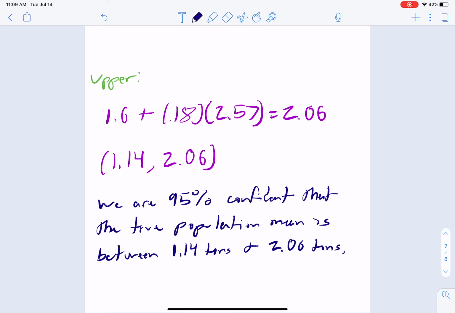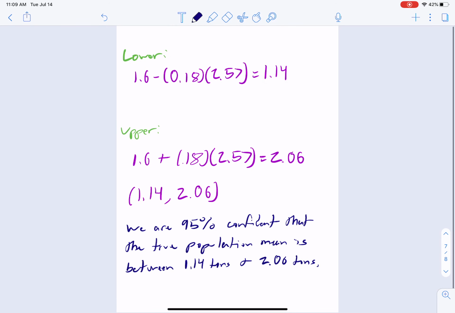Very cool, right? Now let's take this, right? So actually before we do that, we're 95% confident that the true population mean, so the mean of the whole farm in this case, is between 1.14 and 2.06 based on our sample, right?